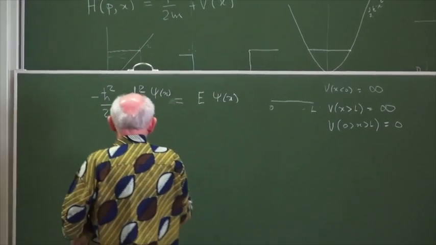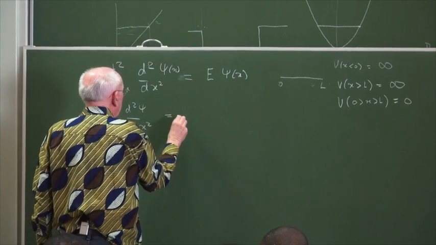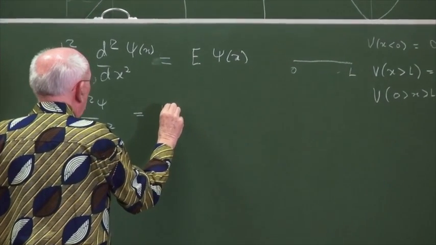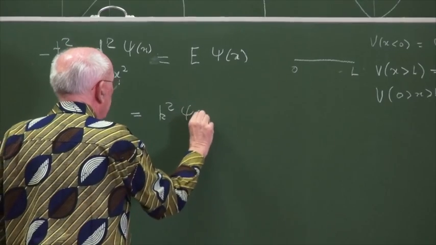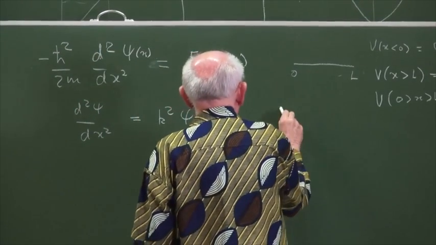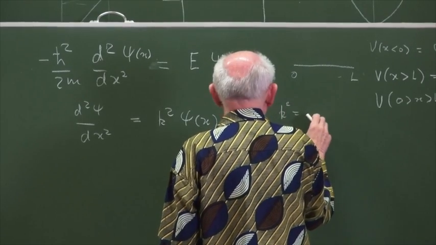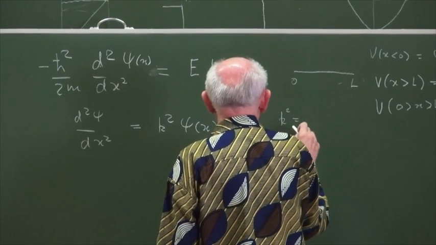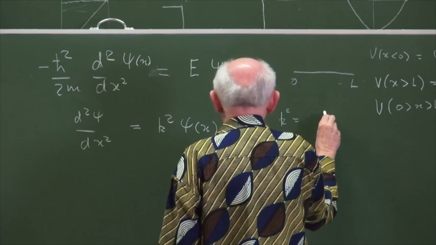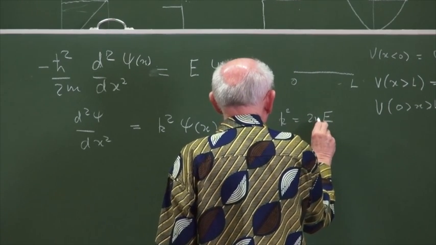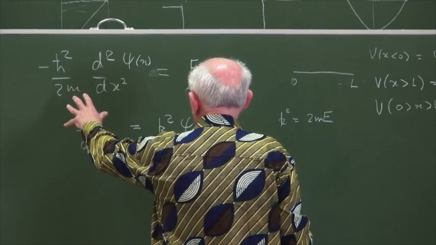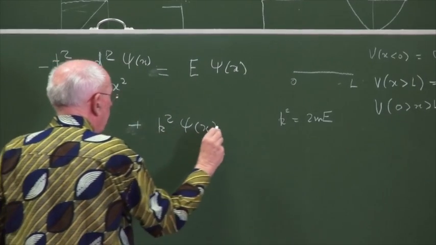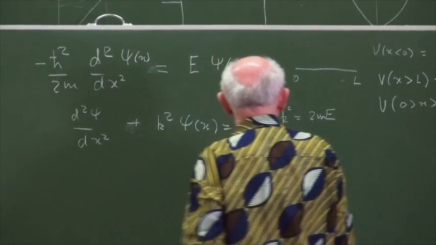And so I will write this now as E psi equals k squared times psi of x, where k squared is equal to 2mE over h bar squared.